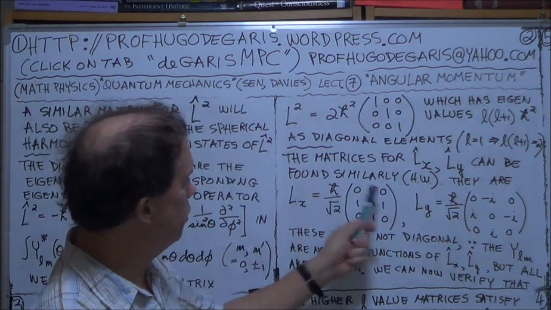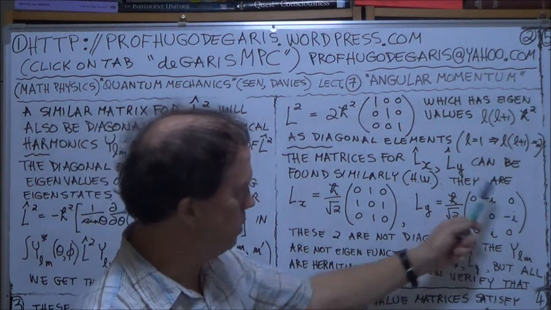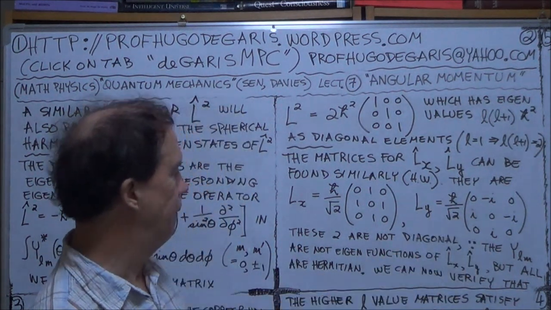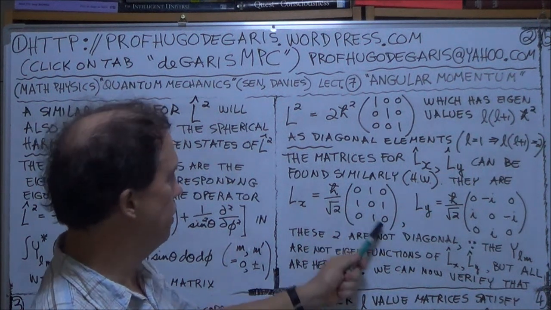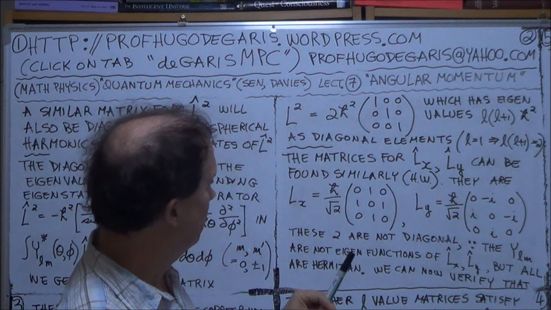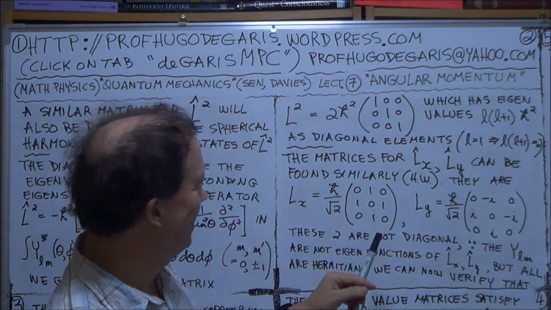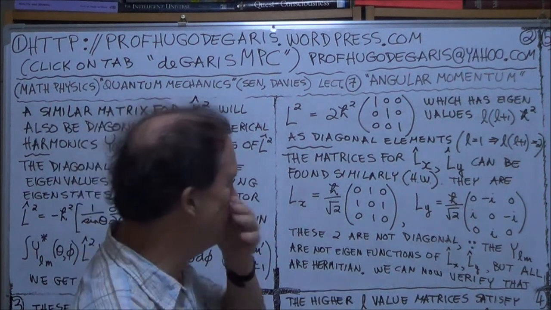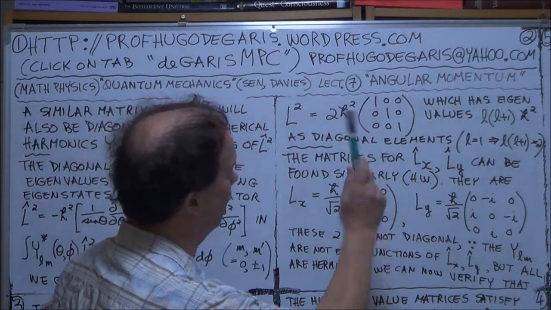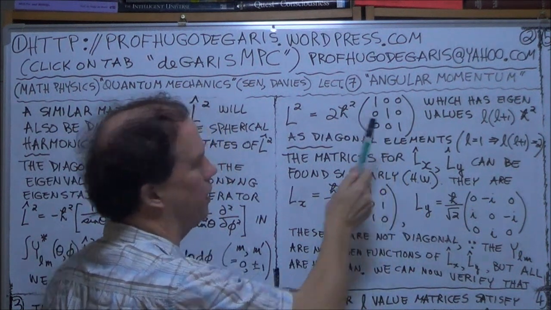So here's the matrix representation for the operator Lx, and the matrix representation for the operator Ly. Now, they're not diagonal. Why is that? For a diagonal matrix, you have to have zeros in the upper triangle and the lower triangle.